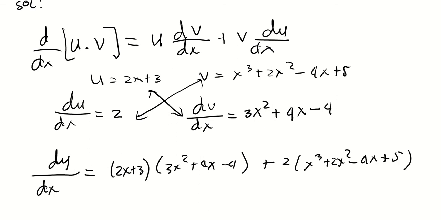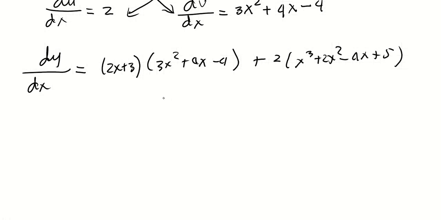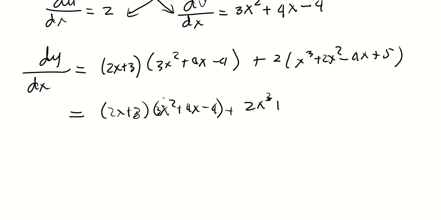That's the product rule. Then we can now simplify. So simplifying this one, you can still expand this one, or this is fine. 2x plus 3 times 3x squared plus 4x minus 4 plus 2x cubed plus 4x squared minus 8x plus 10.